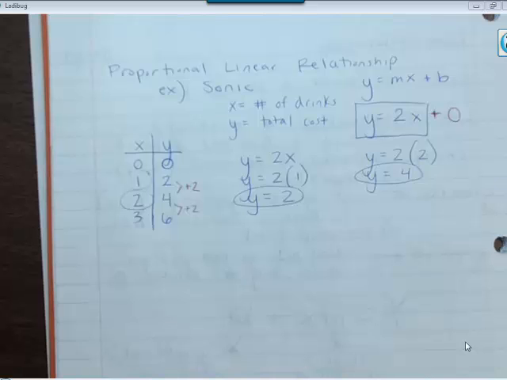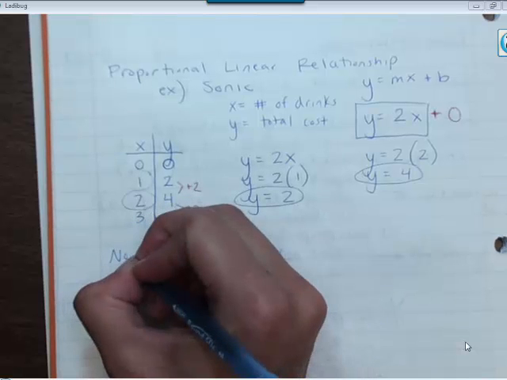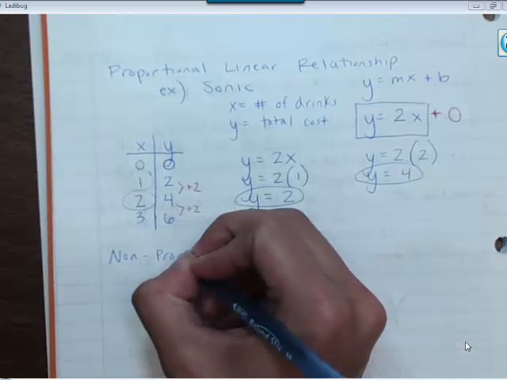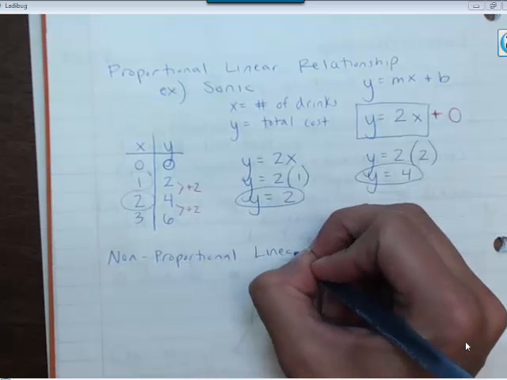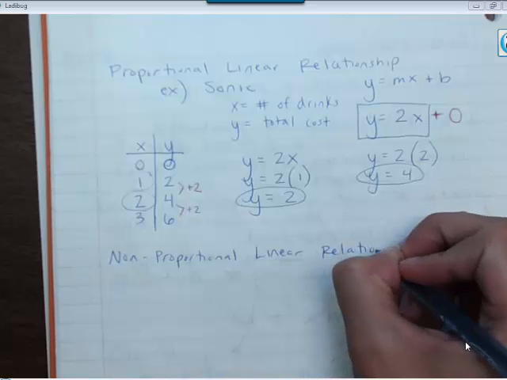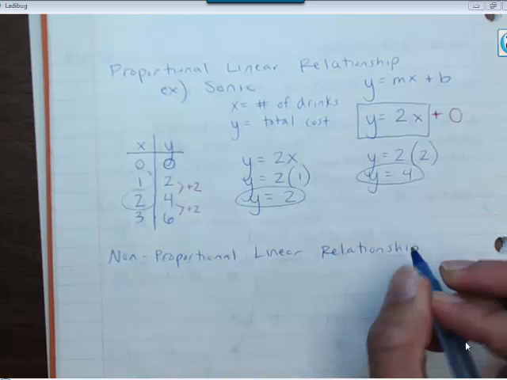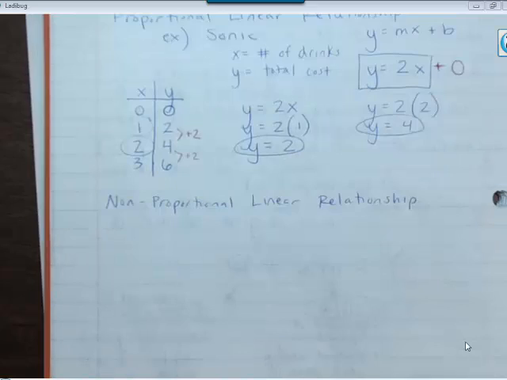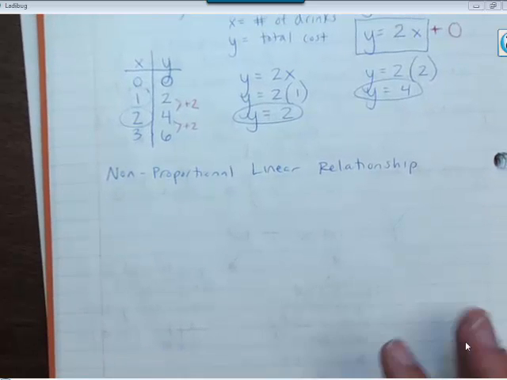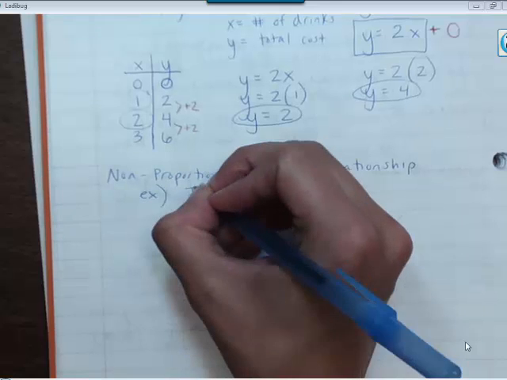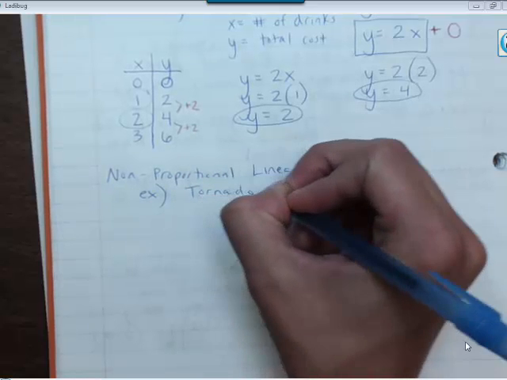Now if I'm looking at a non-proportional example, let's talk about an arcade that's nearby. It's called Tornado Terry's. I'm sure a lot of you guys maybe have been there.